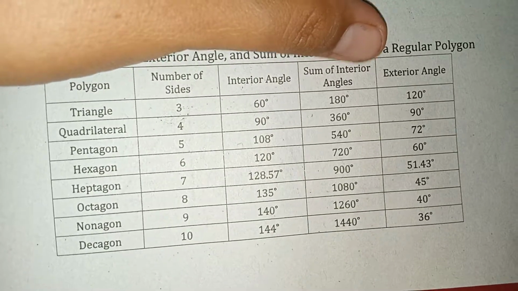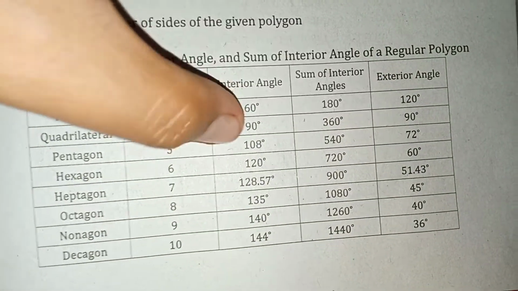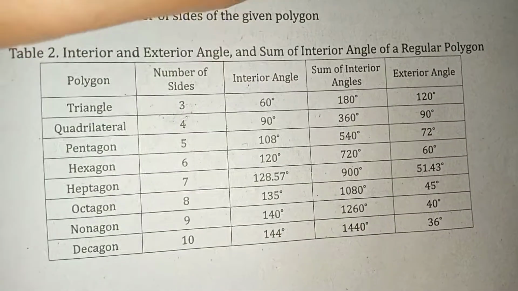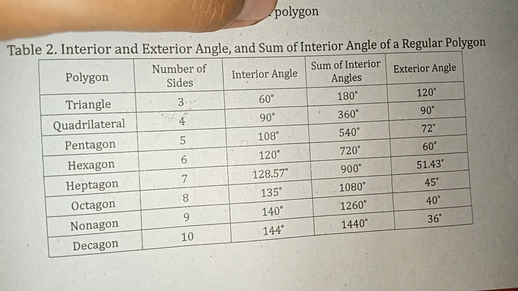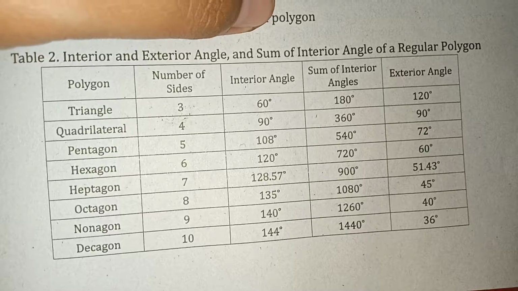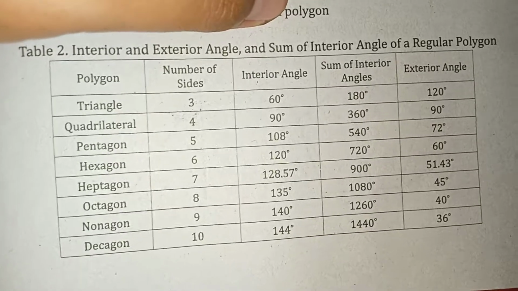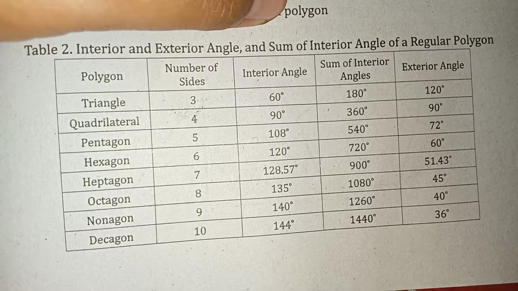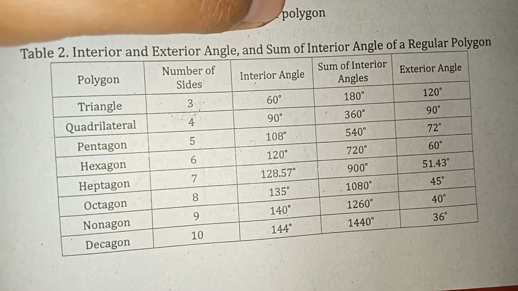The exterior is also 90. 90 plus 90 is 180. The exterior and interior angles are called supplementary angles; they have a total measurement of 180 degrees.